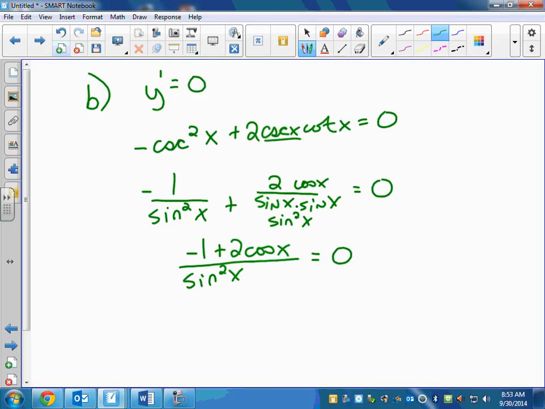You could think about it: if you multiply sine squared over times 0, it cancels out. But could that be a solution? I said, what if I took out a 1 over sine squared x, and I was left with the negative 1 plus 2 cosine x, separating the top from the bottom?